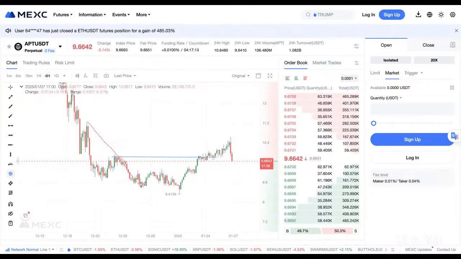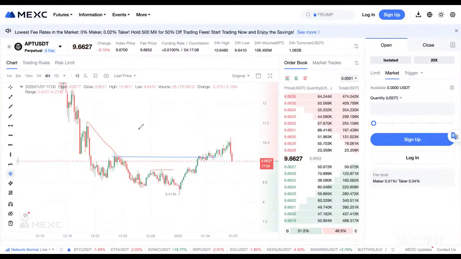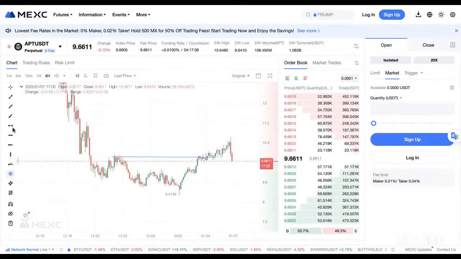This one is the left shoulder. This is the neckline. This is the head.